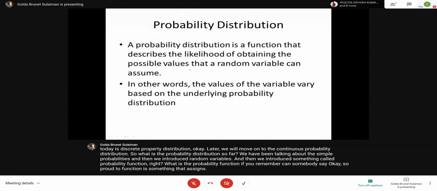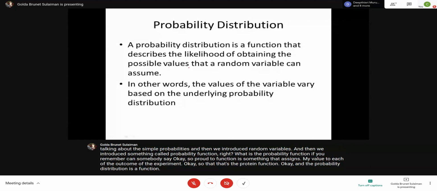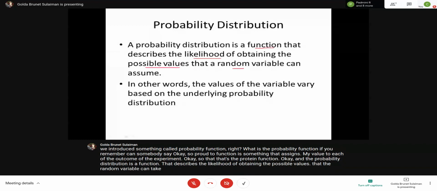Okay, so probability function is something that assigns a value to each of the outcome of the experiment. And the probability distribution is a function that describes the likelihood of obtaining the possible values that the random variable can take.